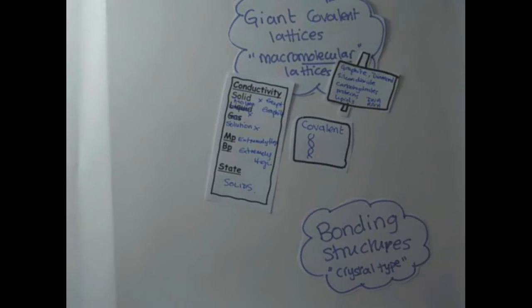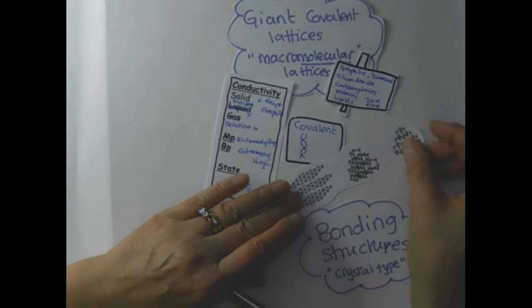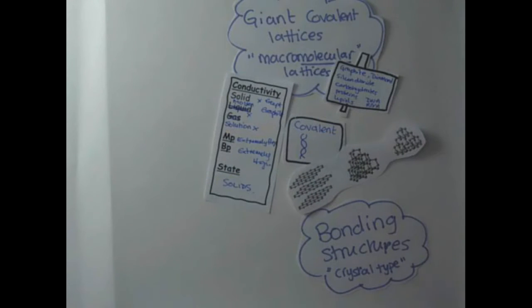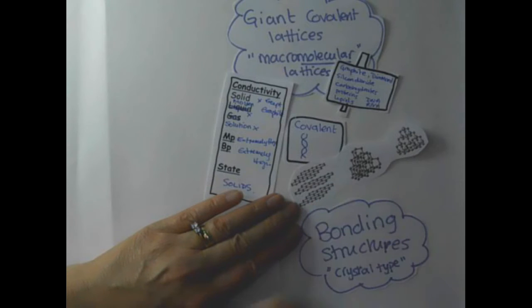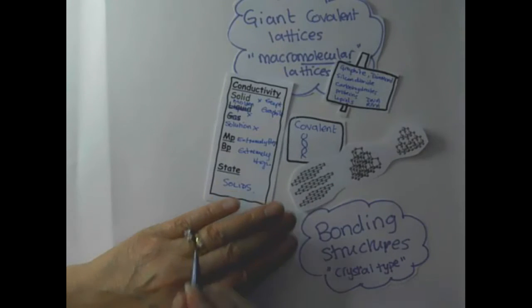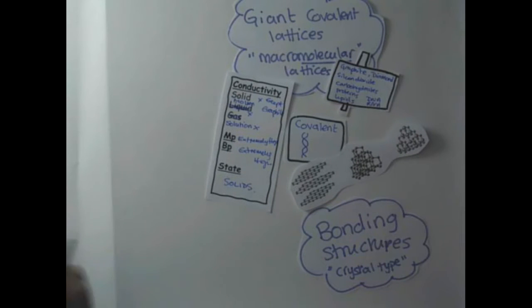And here I'd like to be able to draw you a picture of graphite and diamond and silica, but I'm not really that talented. So just to remind you, graphite is a layer of hexagonal rings. Diamond is a tetrahedral carbon structure, so every carbon is tetrahedrally bonded to another 4 carbons.